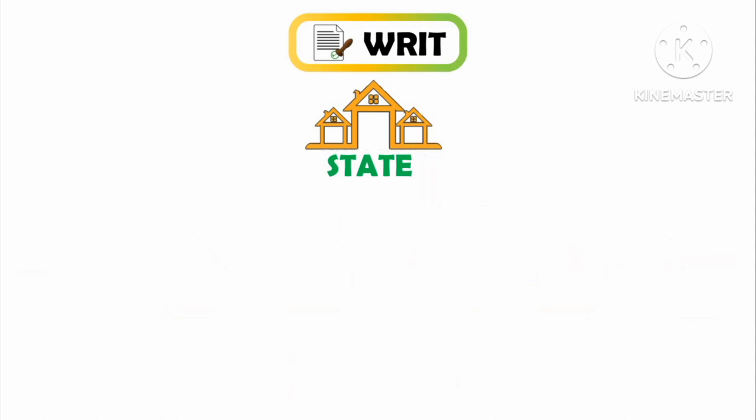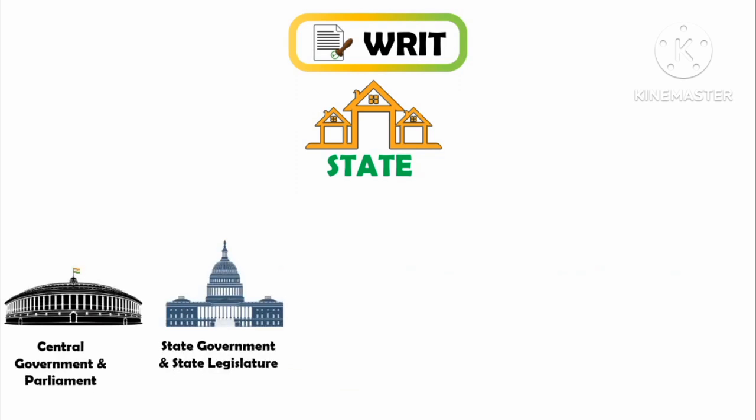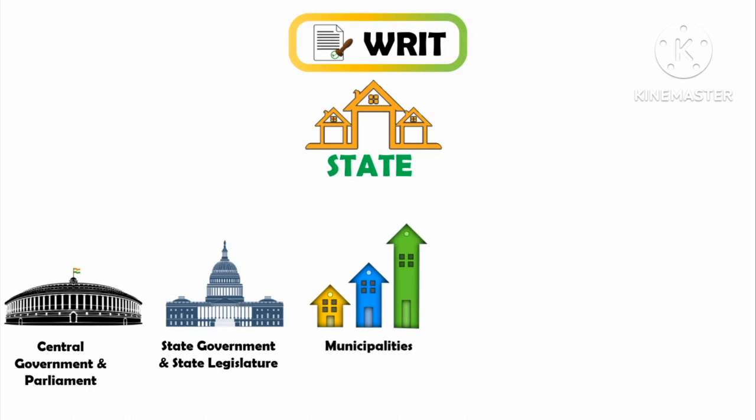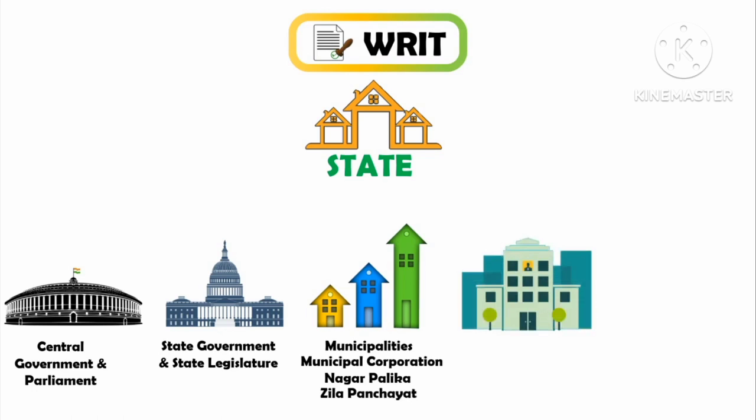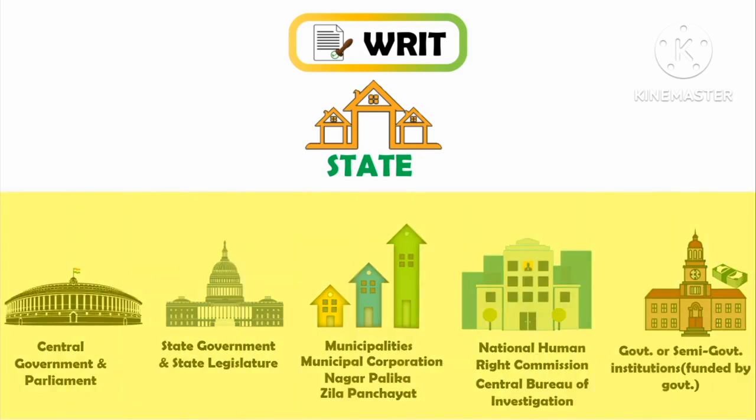For now, we will take some examples to understand what comes under the definition of state. For example, the central government and Parliament, state government and state legislature, local authorities like municipalities, municipal corporations, Nagar Palika, Zilla Panchayat, statutory and non-statutory bodies like the National Human Rights Commission, the Central Bureau of Investigation, government or semi-government institutions, or institutions which are fully or partially funded by the government, etc. These are the major examples of state and bodies which come under the definition of state.